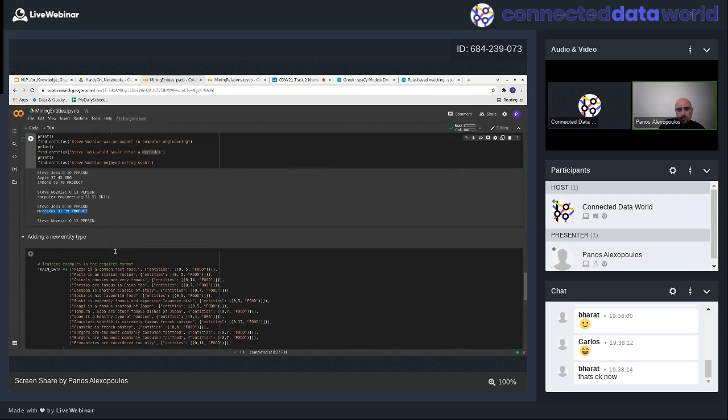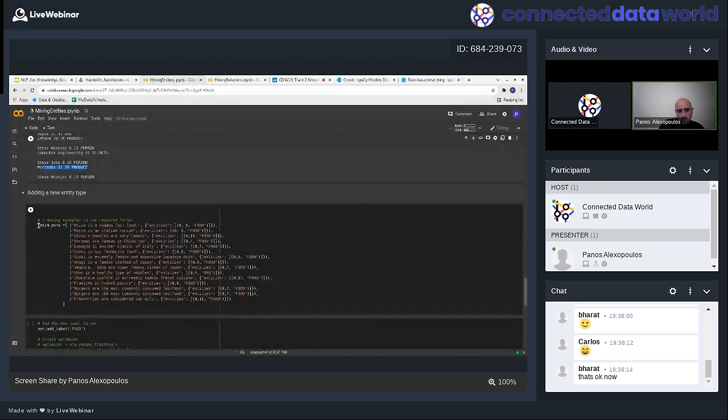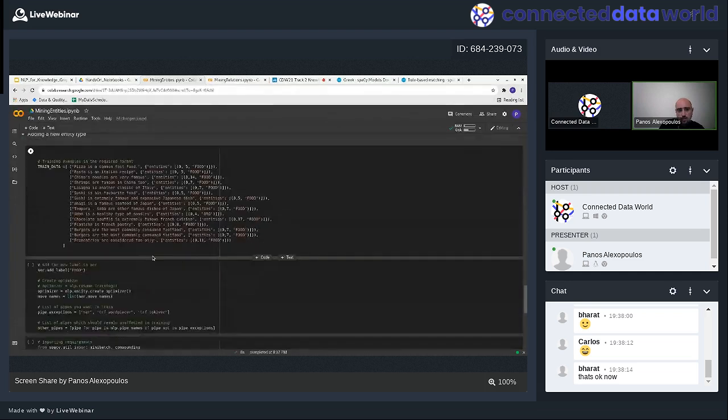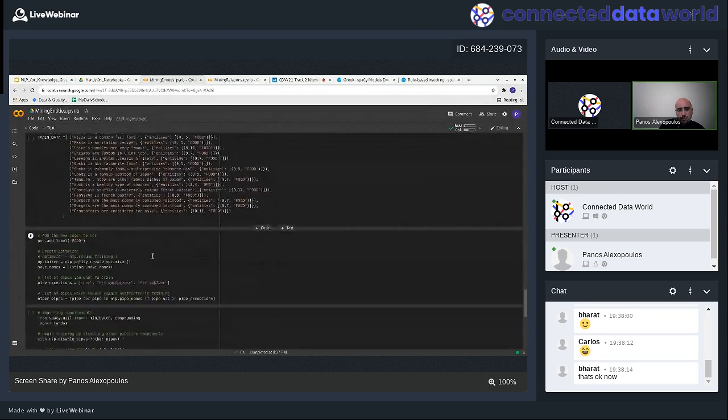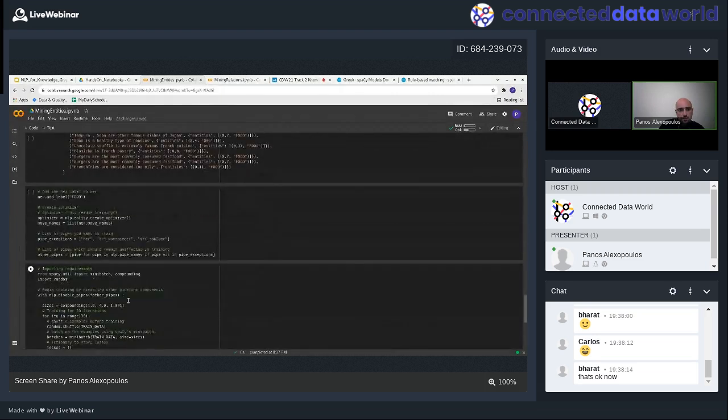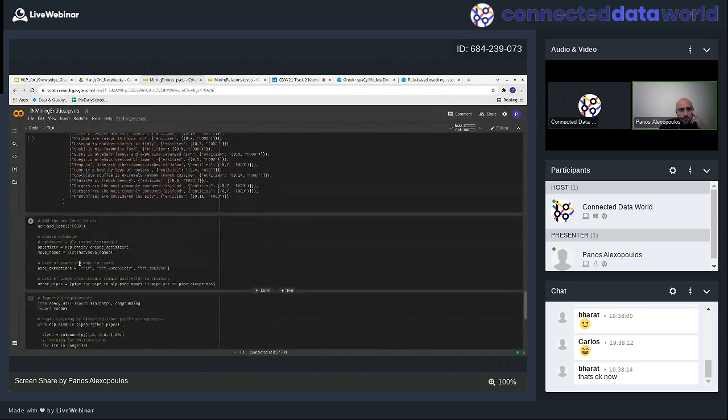We can do something similar. We can define additional training data in exactly the same way as before. The code remains the same. The main difference is that we need to add this label to the NER pipe so that it knows that there is this new entity type called food.